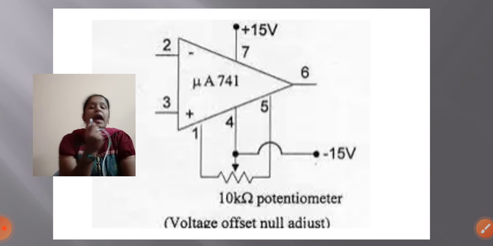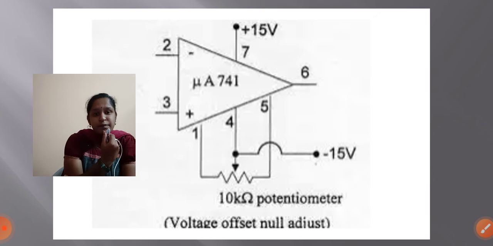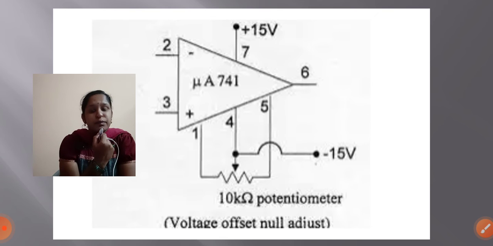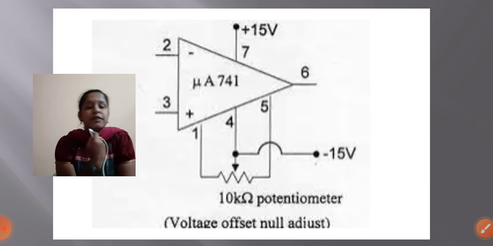Do you remember in the CE amplifier, you set the input voltage like 1 millivolt? In the same way, here we are using the potentiometer to adjust the voltage to zero.